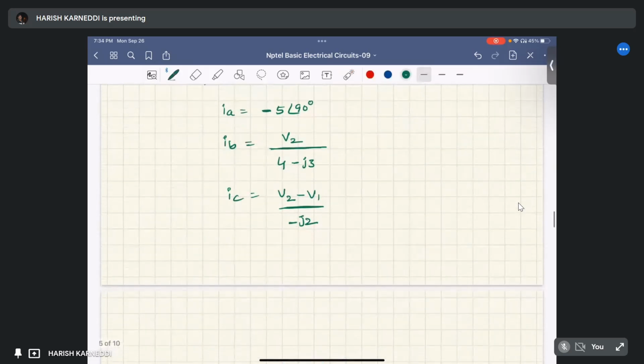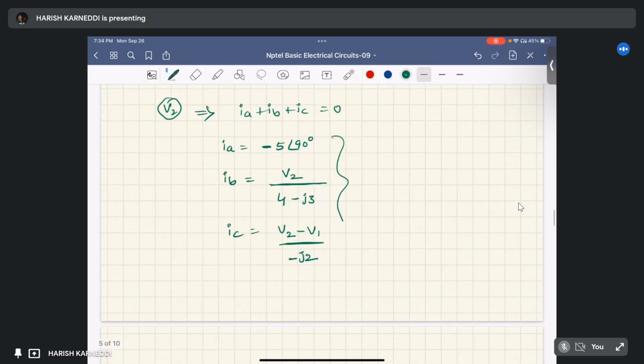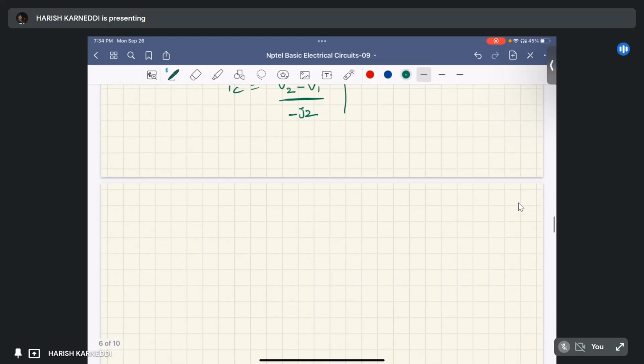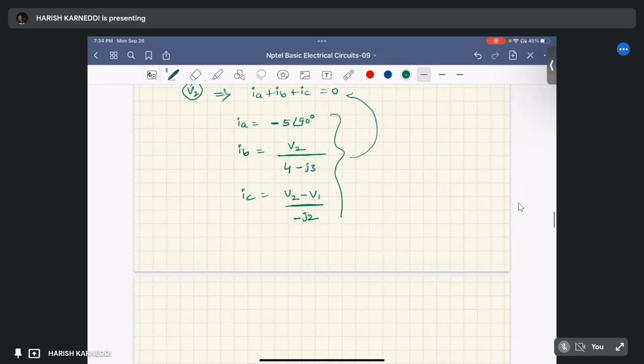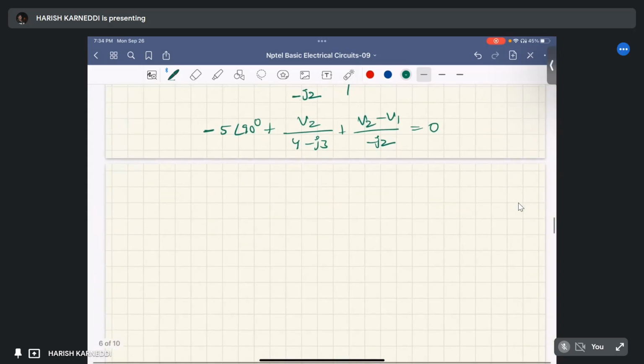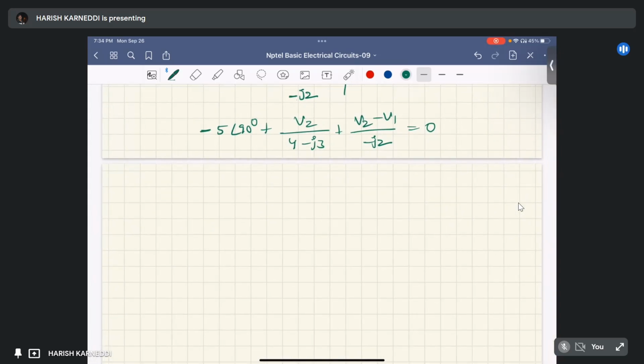So we can substitute all three in this KCL equation, which is minus 5 at an angle of 90 degrees plus IB, which is V2 by 4 minus j3, plus IC, which is V2 minus V1 by minus j2, equal to 0. Okay, we can separate V1 and V2 terms.